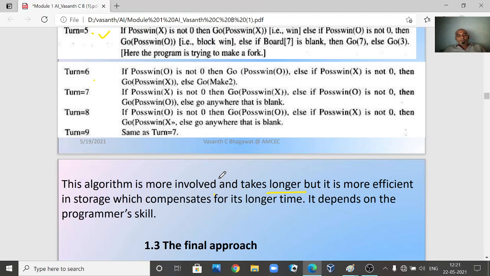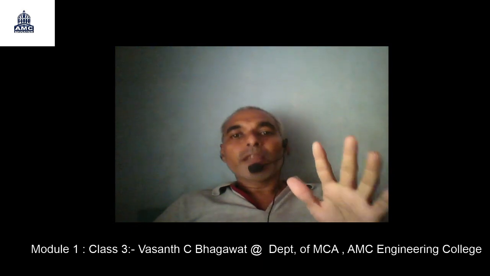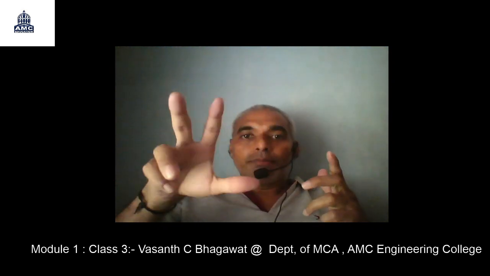When you want to implement this, a lot of programming is also required. But compared to our previous algorithm, it is somewhat better. If X is playing, he comes to know when O is going to win the game, so he can block that move, right?